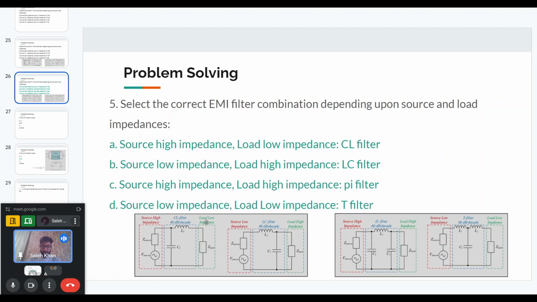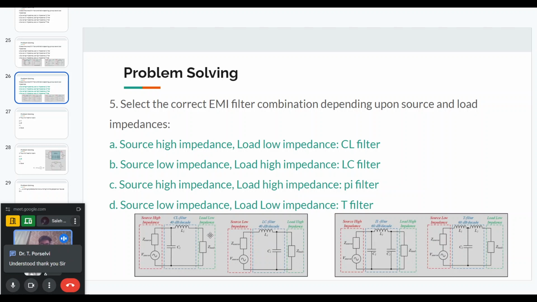Now, if we have the opposite situation where the impedance of the source is low, then we want to first connect an inductor to the source. It will provide the higher impedance. And similarly, for a high impedance load, we will connect the capacitor.